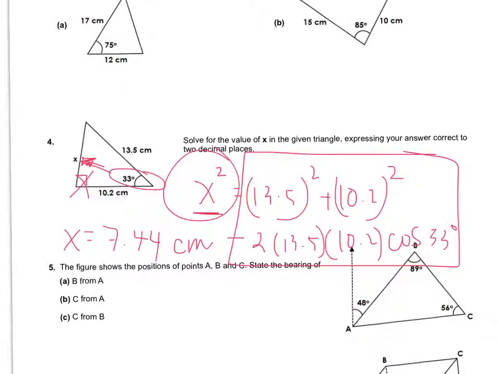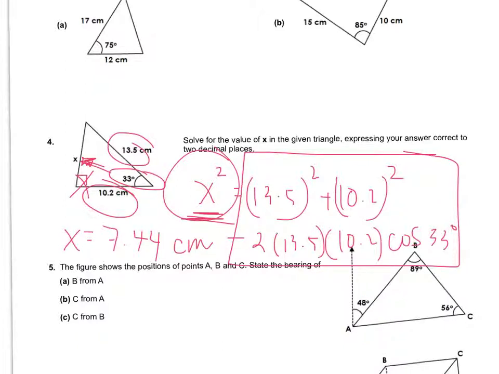So do not be confused in setting up the equation. The one on the other side is the side opposite the given angle. You can always use cosine if you have two sides sandwiching the angle, meaning the angle is in between the two sides and you're looking for the side opposite the given angle.